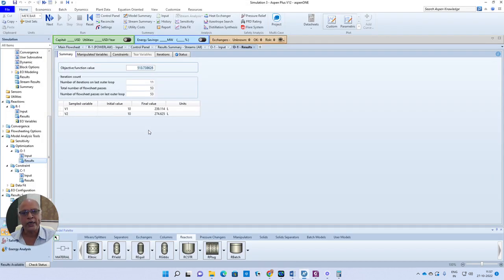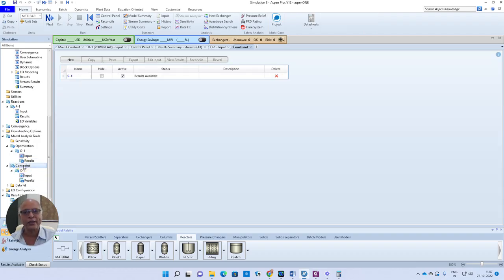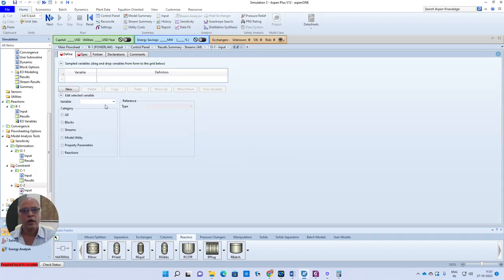Now, we were varying the volumes of reactor 1 and reactor 2 independently. Can we make that equal? That can be done by forcing another constraint, say new. Now, again, define all the variables involved in this constraint to make sure that it is not going to conflict with the variables defined in the objective function.